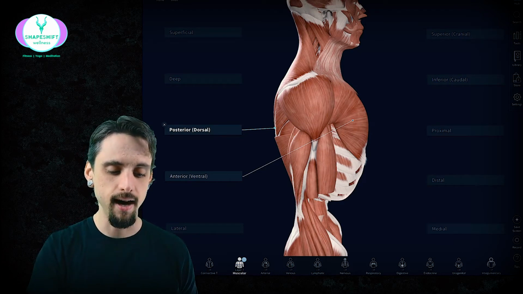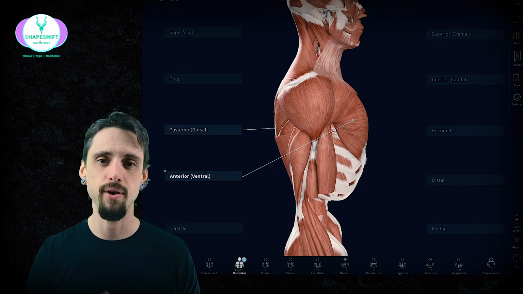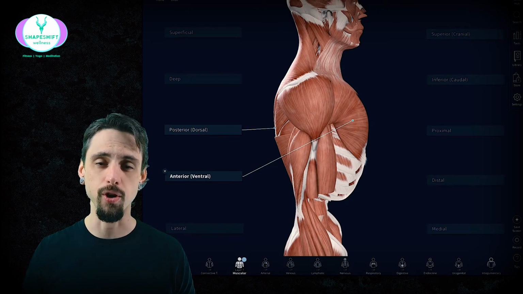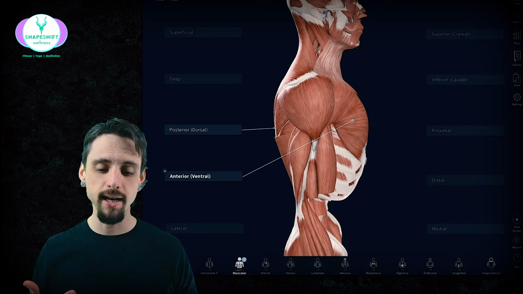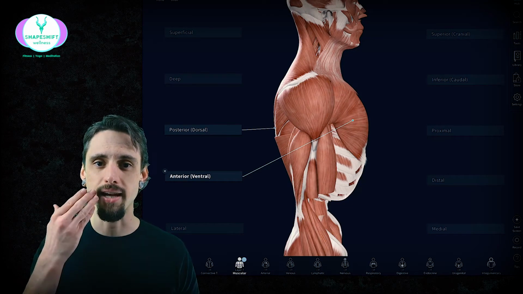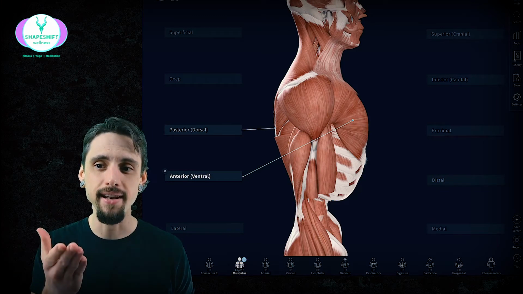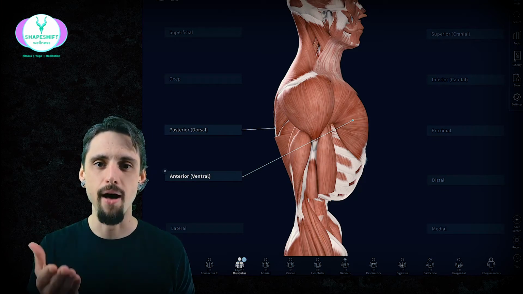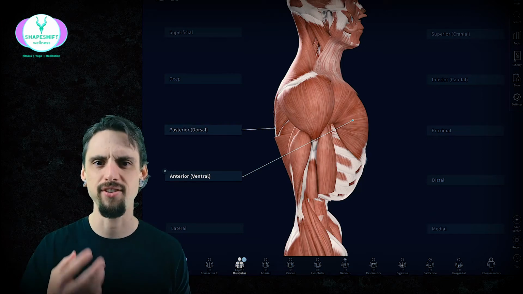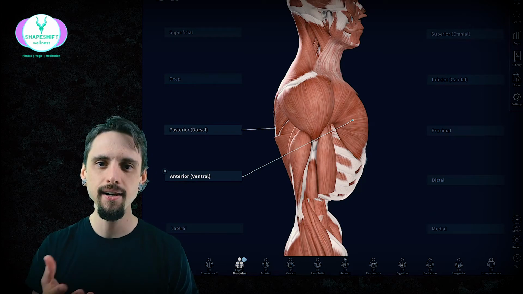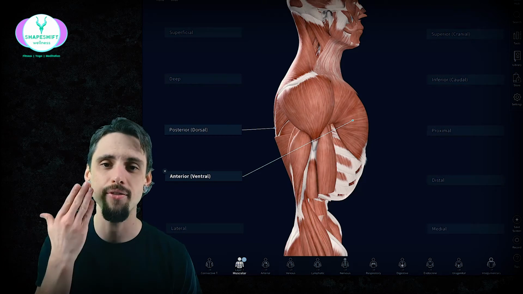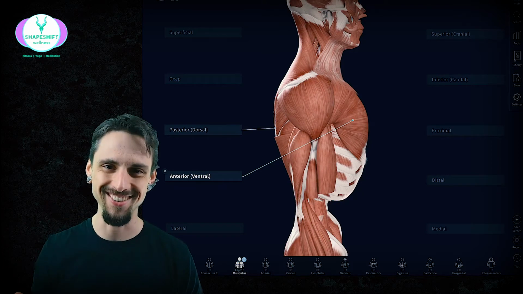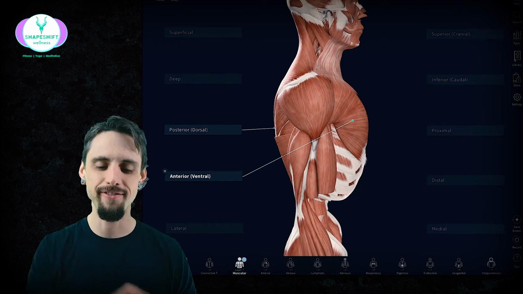And the opposite of that is anterior, which is also called ventral. This is the front side of your body, and I remember it like if I'm venting, I ventilate through my mouth. If I really gotta vent, well, then I'm going to word vomit out the front of my face, right? So anterior or ventral is the front.